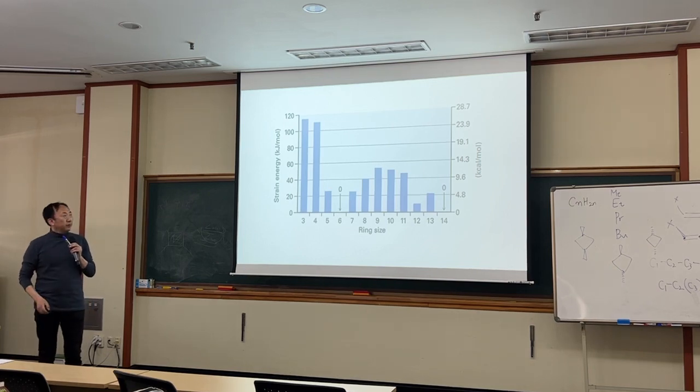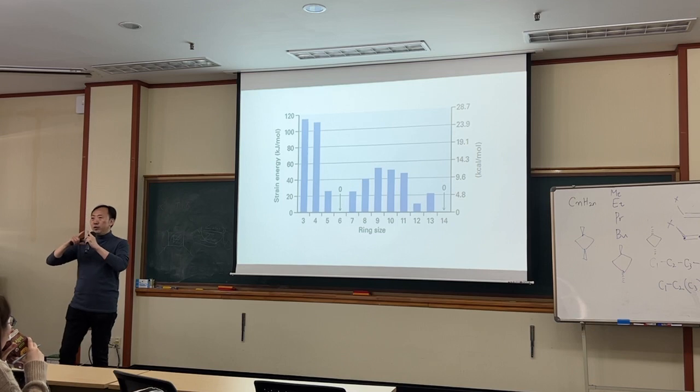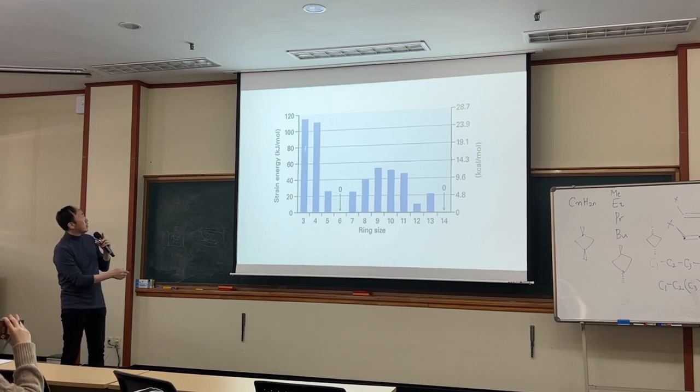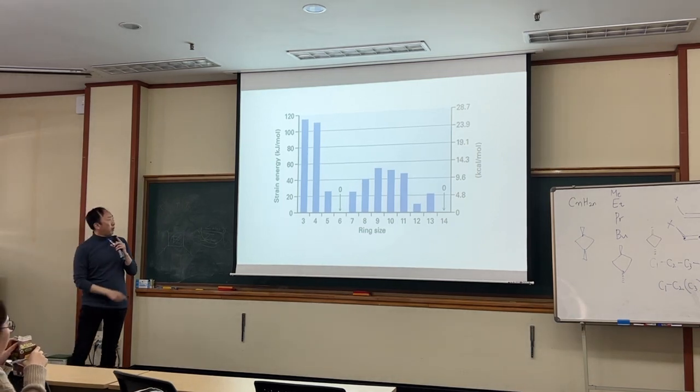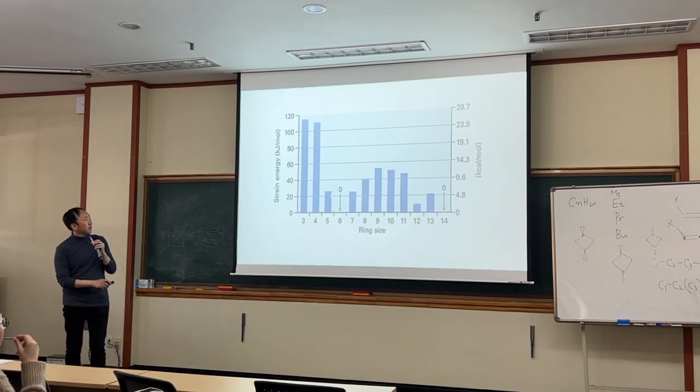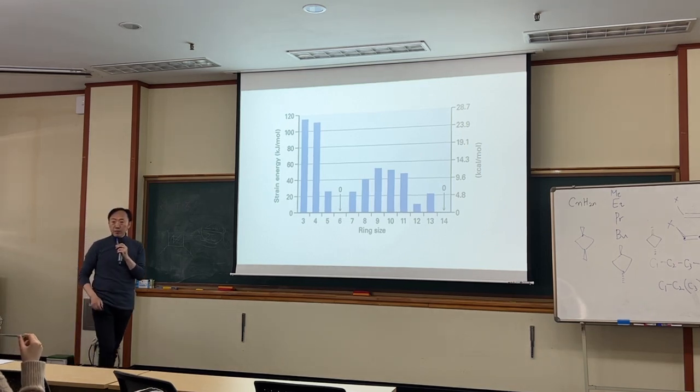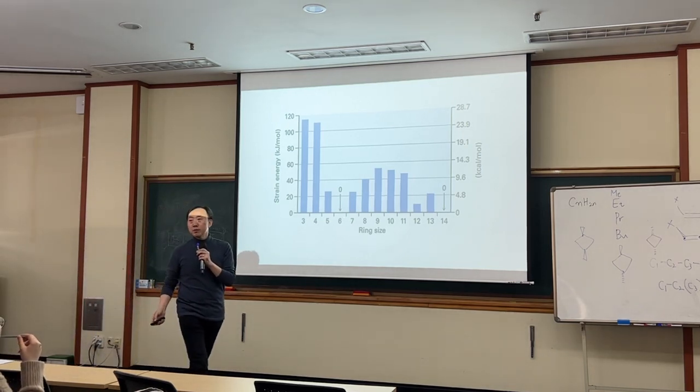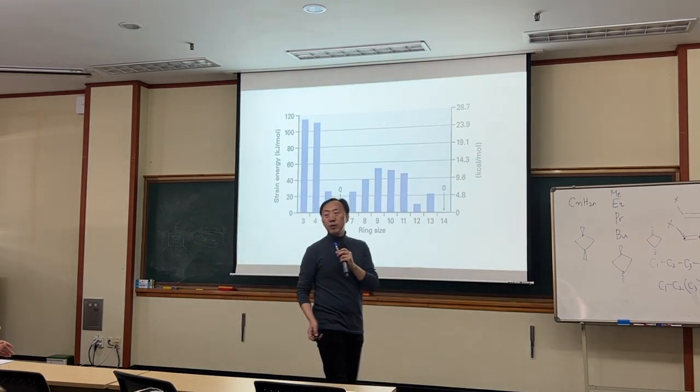Compared to the open form, interestingly, the 3-membered ring has very high strain. The 4-membered ring is also relatively quite high. 5 is reasonably low, but 6 is almost 0. It means the 6-membered ring is quite stable; compared to the open form, it's almost the same.